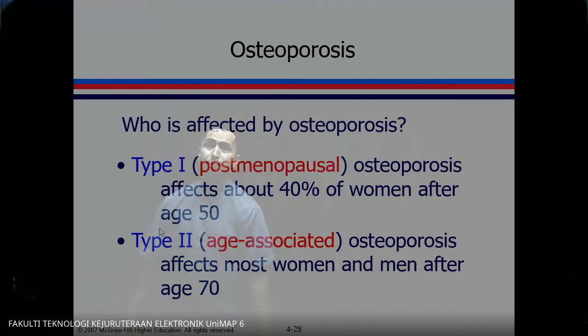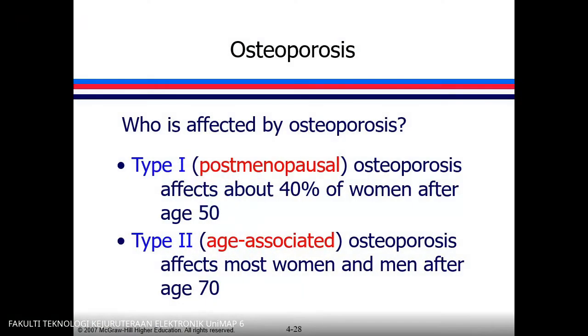Okay, do we have another one? Okay, there are two types affected by osteoporosis. Type 1 is post-menopausal. So osteoporosis affects about 40% of women after age 50. And then the second type is age associated. The first one is not related to men, ya. Yang laki-laki kita tak ada kaitan, yang type 1, ya.